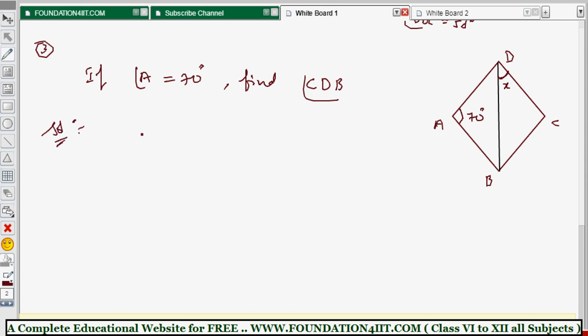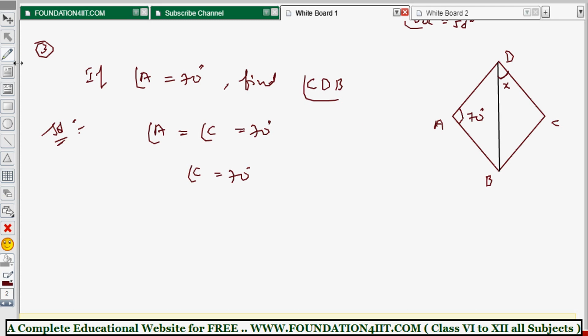There is a property: angle A is equal to angle C because opposite angles in a rhombus are equal. Then we can say that is equal to 70 degrees. Therefore angle C is also 70 degrees.